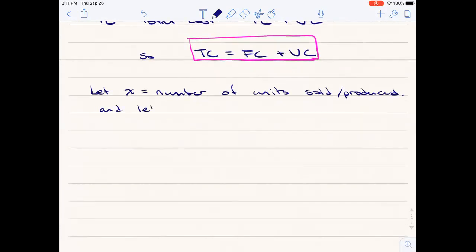And let C, capital C, be the cost to produce each unit.